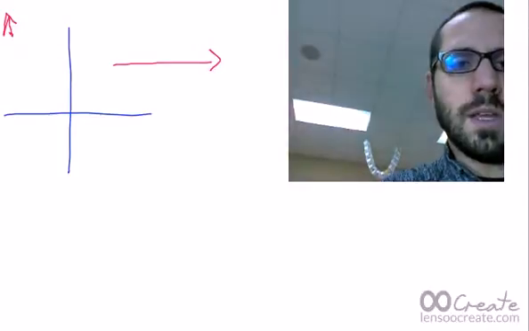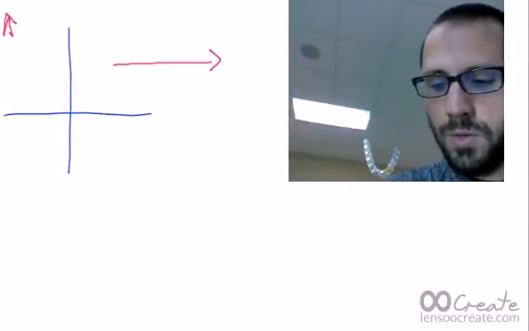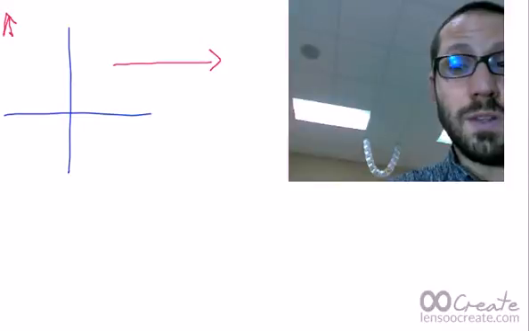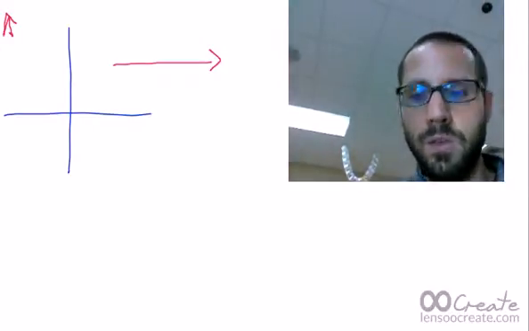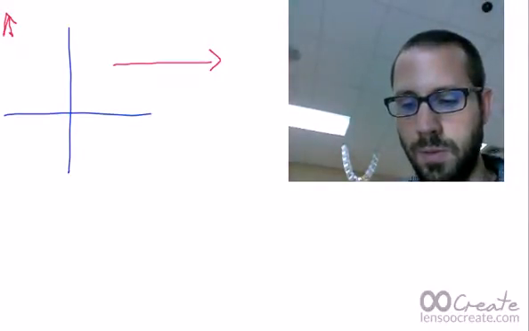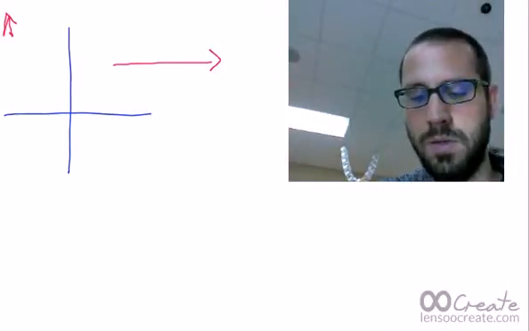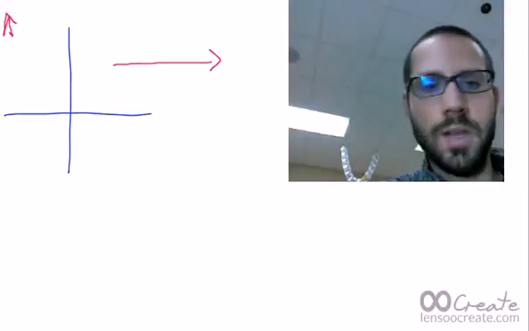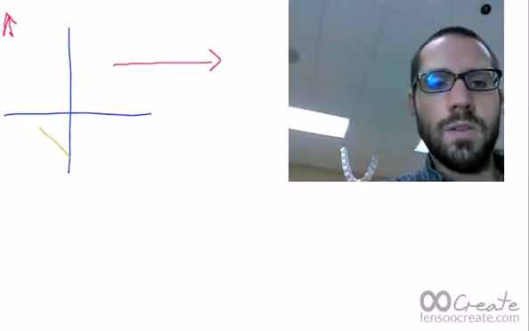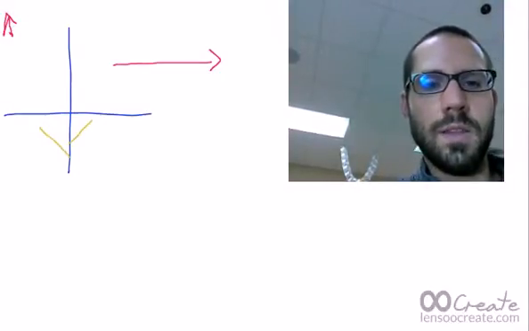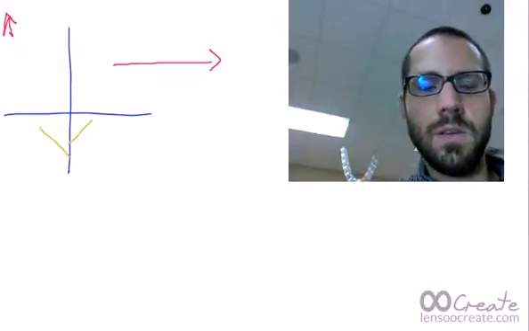Then I'm going to go to yellow and talk about the other two. The limit as x goes to 0 from the right of the derivative. So the derivative at 0 from the right is negative 1. 0 from the left is negative 1. 0 from the right is 1. That's its derivative.